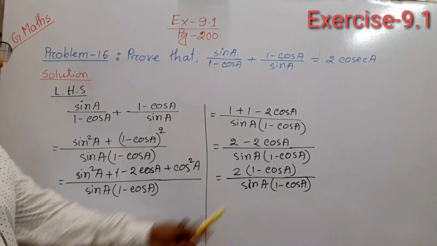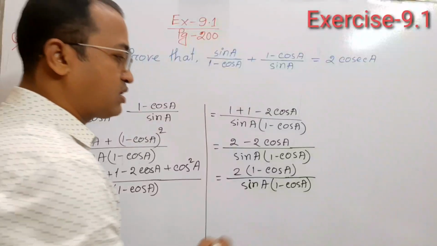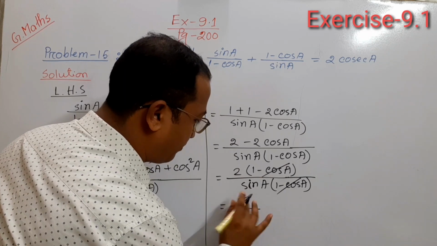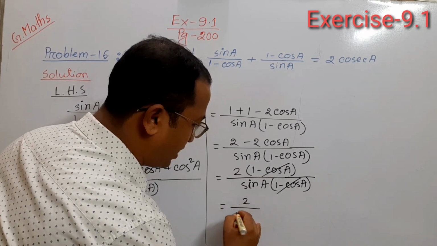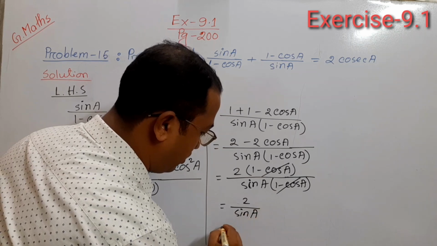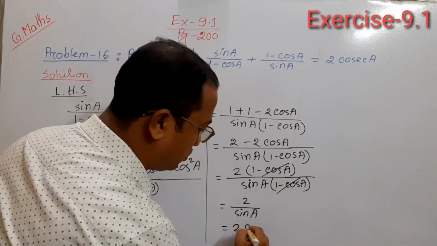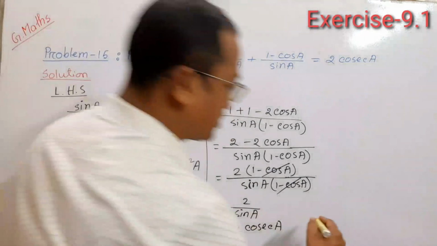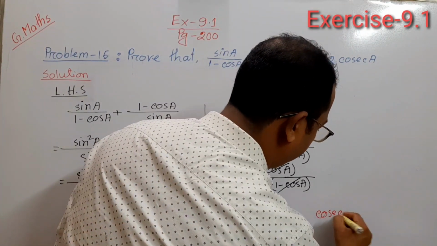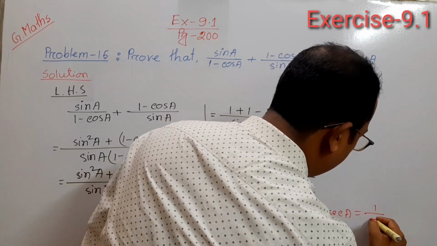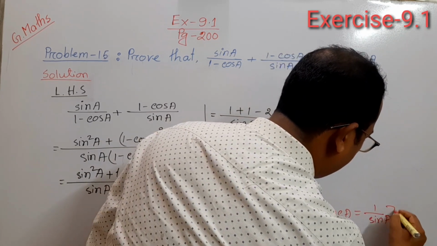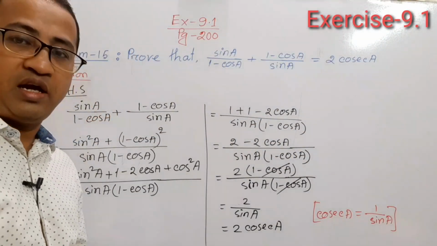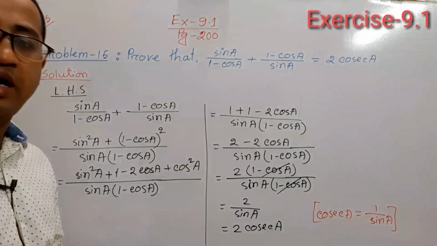Now you can cancel 1 minus cos A with 1 minus cos A. It remains 2 by sin A. So this is 2 into cosec A. We know cosec A is equal to 1 by sin A. That's why 2 by sin A becomes 2 cosec A. So this is our right hand side.